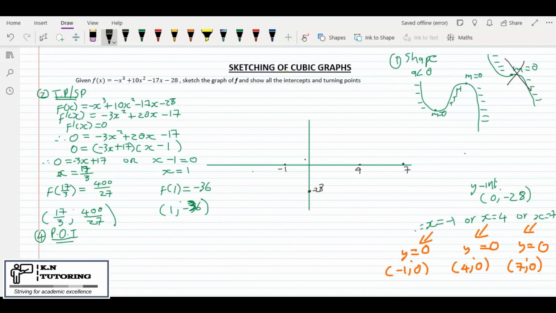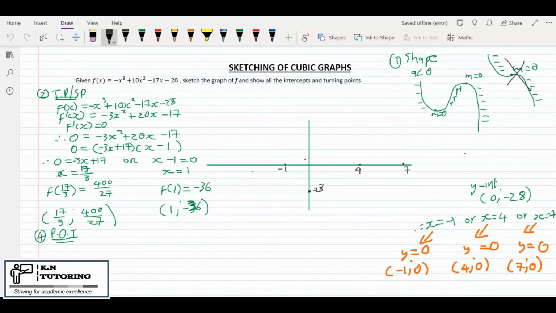Now I'm going to look at my turning points. I've got 17/3 and 400/27. 17 divided by 3 is 3, 6, 9, 12, 15, so it's going to go there 5 times and leave a couple of remainders.